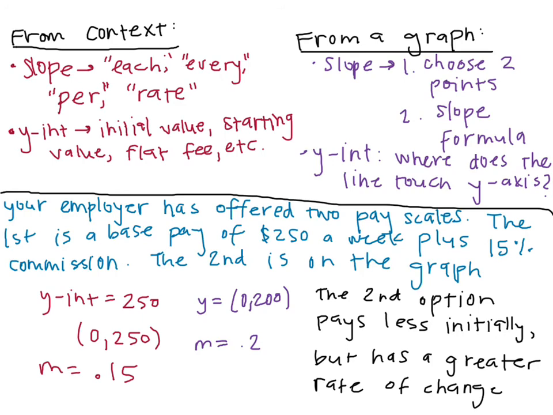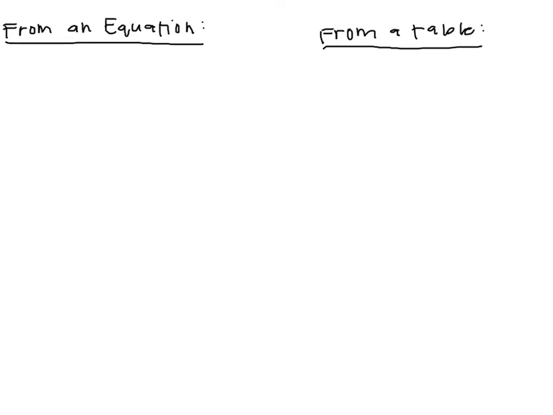Let's look at one more example that compares an equation to a table. If I'm looking at an equation, I first need to get it in the form of f(x) = mx + b. You might think of that as solving for y. Once it's in this form, all I need to do is pick out the rate of change and the slope.